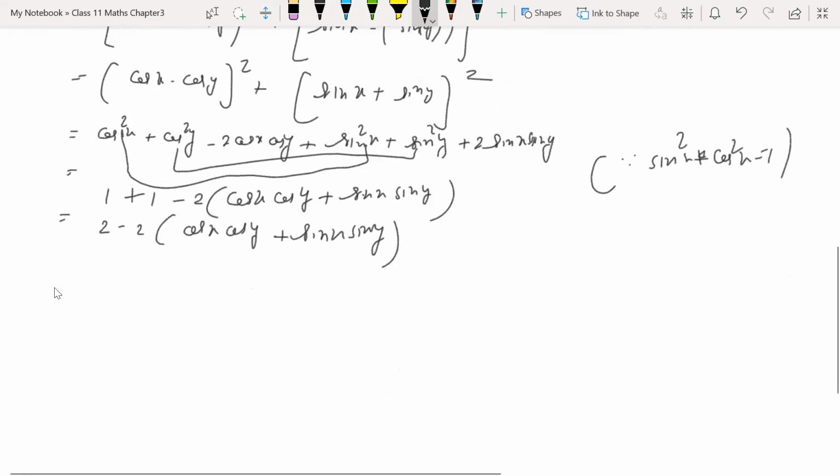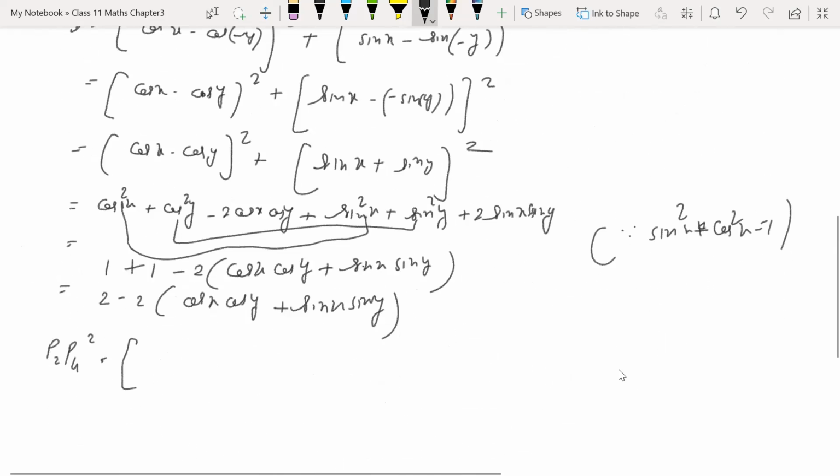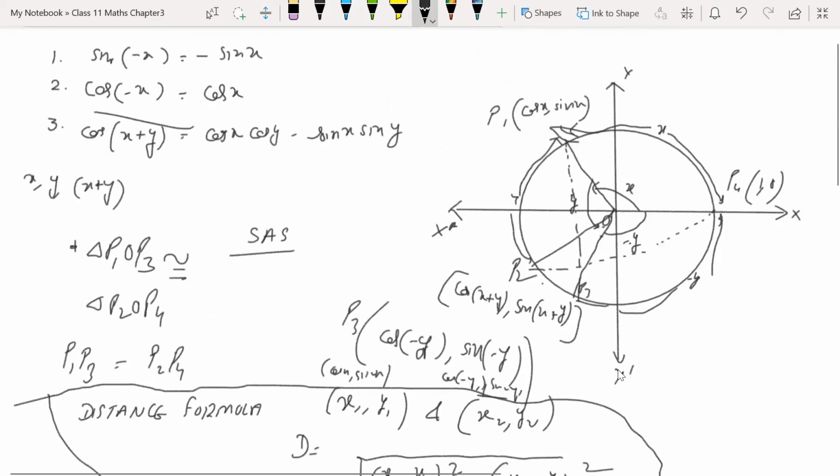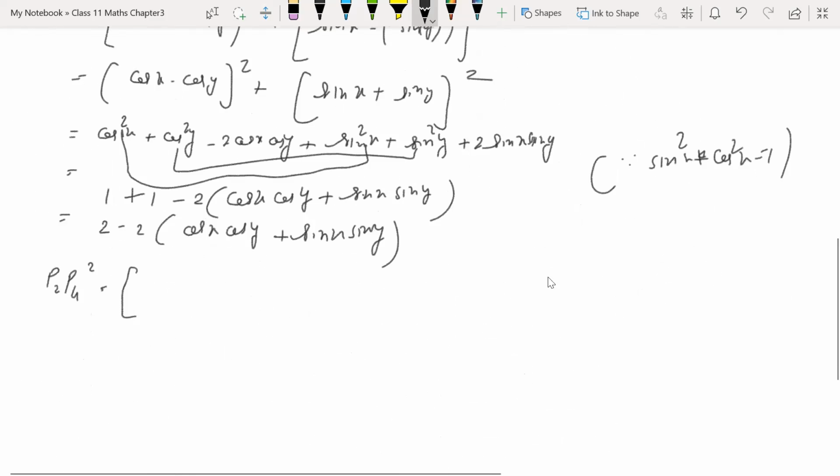Now similarly do it for P2 P4 square. What is P2? Let's write down here so that you would not be confused.